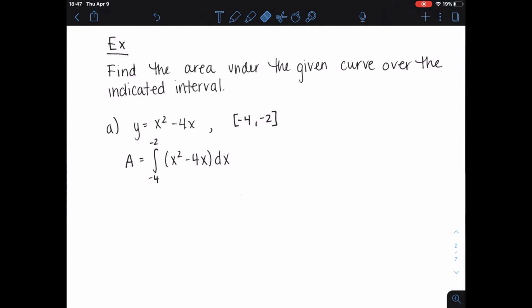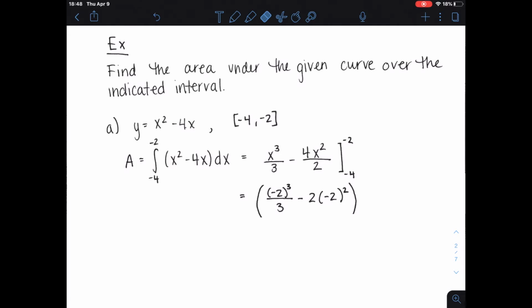So I need to find the antiderivative first. So if I take the antiderivative of x squared, it's x cubed over 3. Antiderivative of -4x is you increase the power by 1, so it's 4x squared over 2. And then the fundamental theorem of calculus is going to tell us to evaluate at these limits of integration. So you first plug in the upper limit, -2.